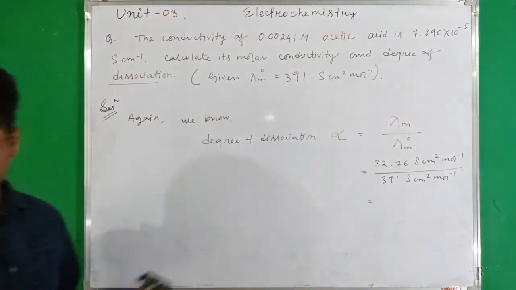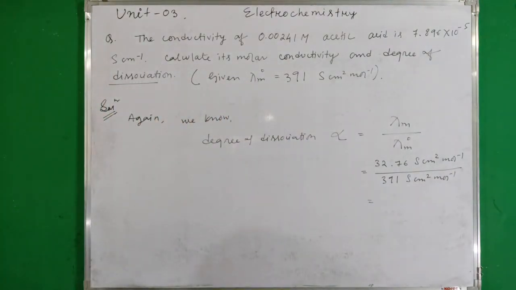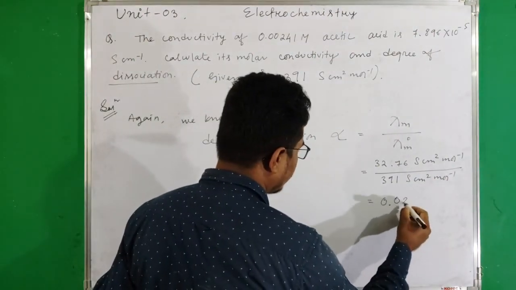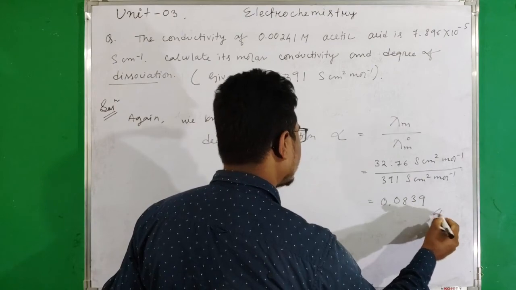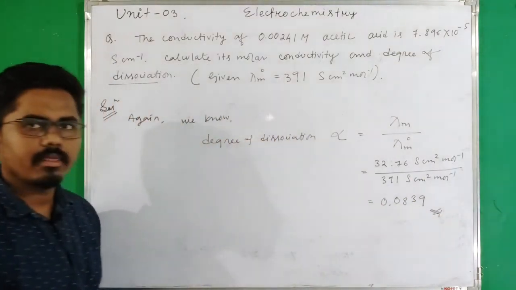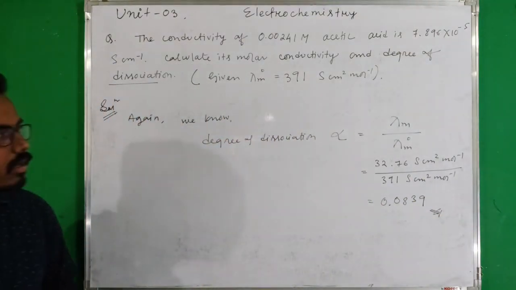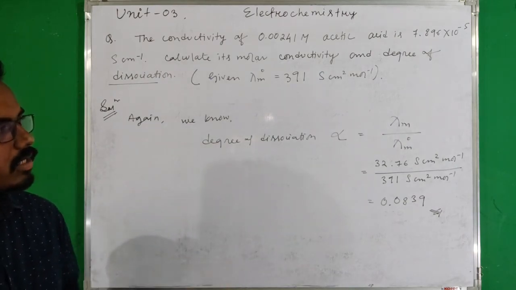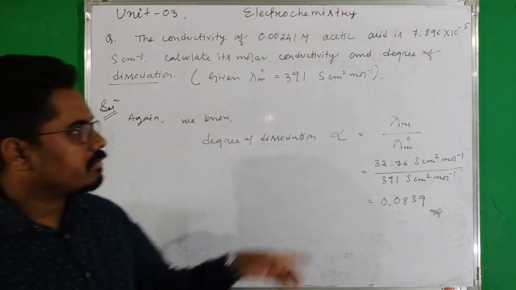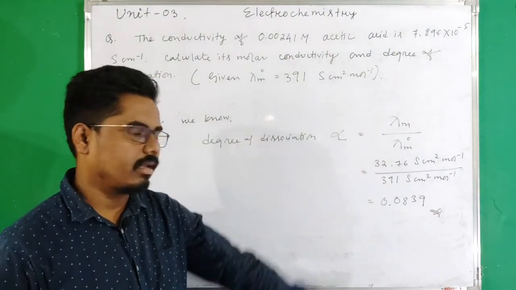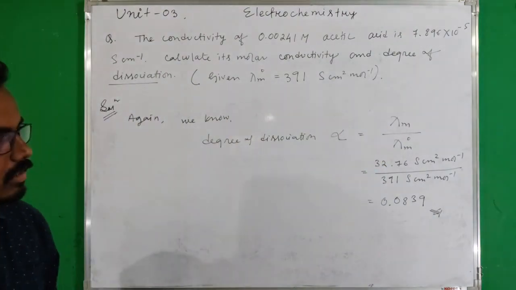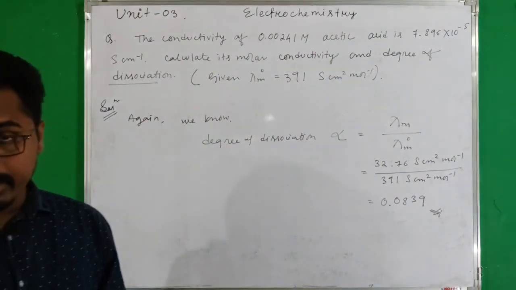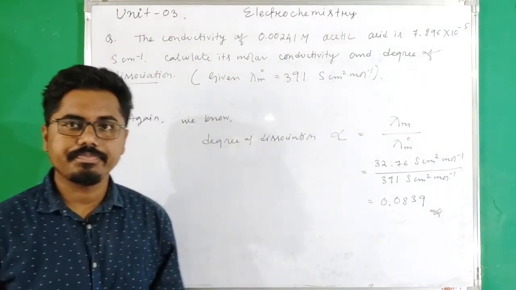So after calculating, the result is 0.0839. So we have determined the degree of dissociation for acetic acid from the given values of lambda m and lambda m naught, that means the molar conductivity and the limiting molar conductivity.